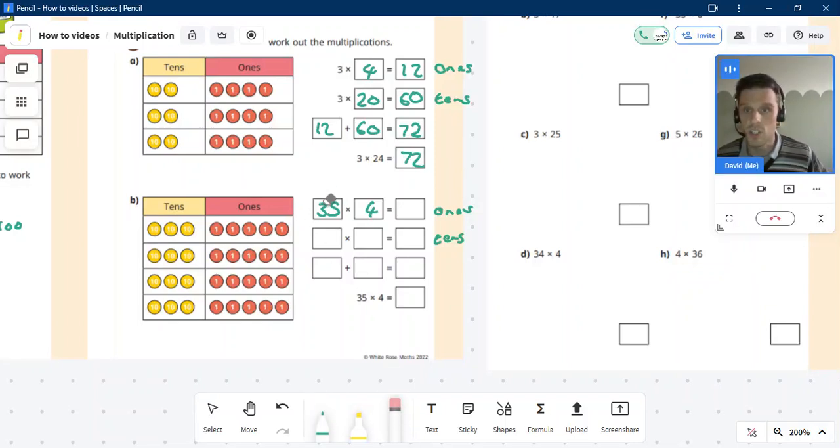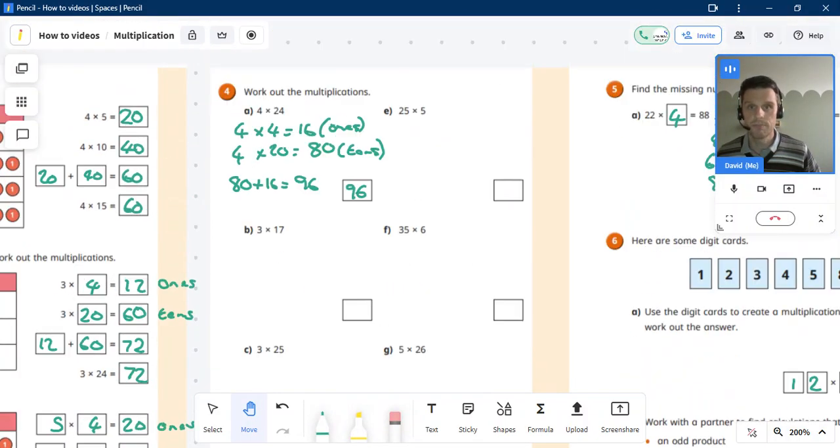So I'm going to do the ones together first. So 5 times 4, which equals 20. I'm going to do the tens now. So it is 30 times 4, which is 120. And then I'm going to add the two together. So 20 plus 120 equals 140. So 35 times 4 is 140.